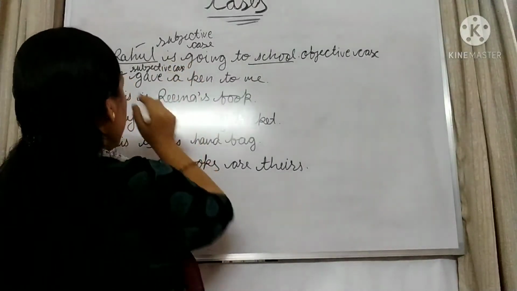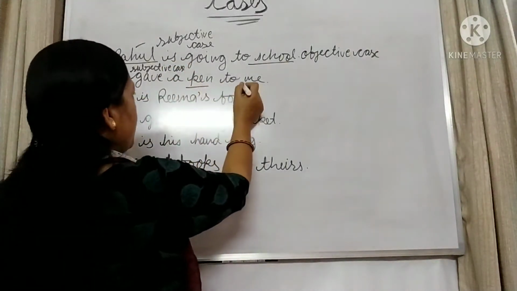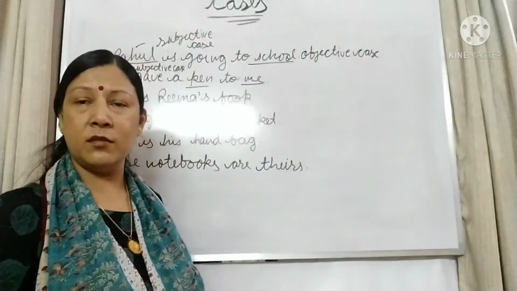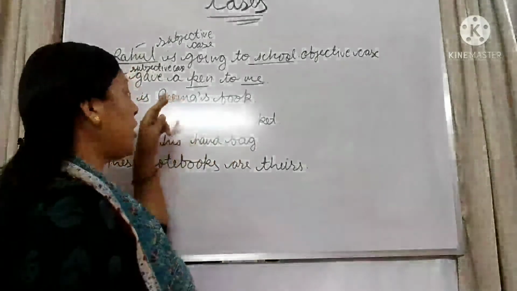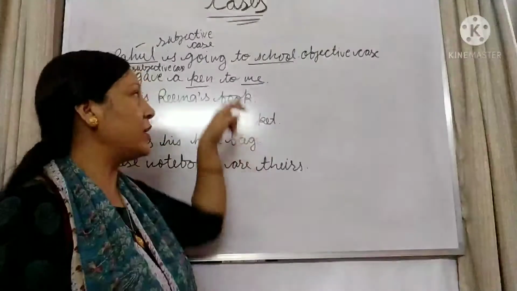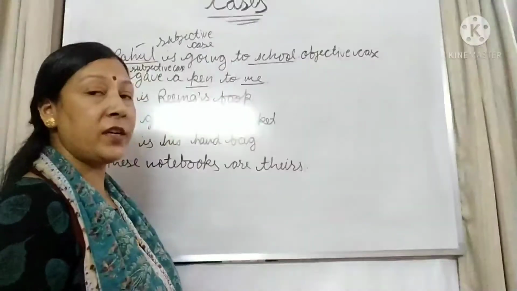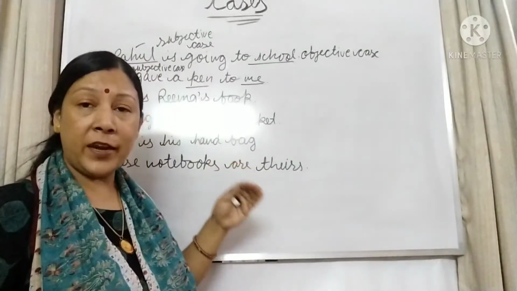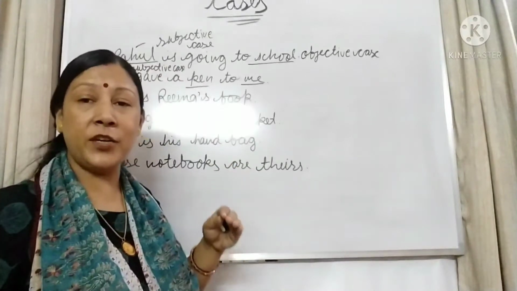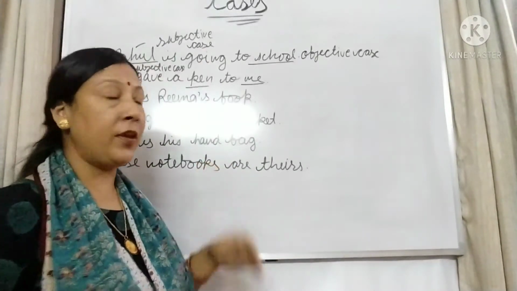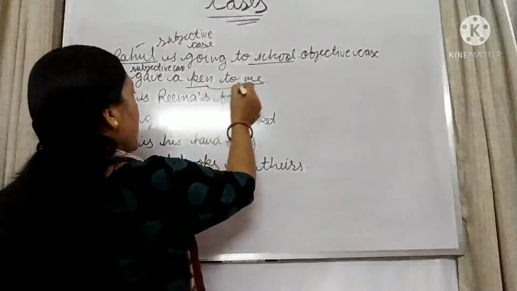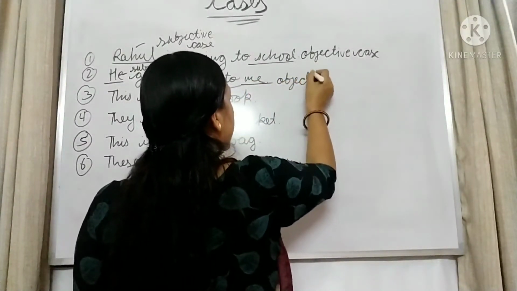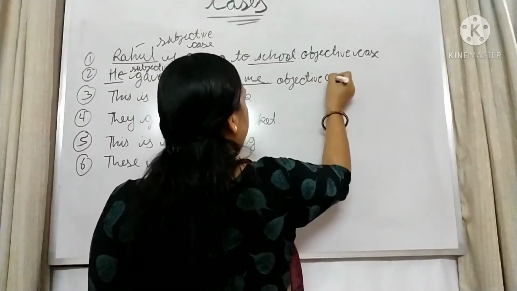And here you can see gave a pen to me. In this sentence there are two objects. Pen is the direct object and me is the indirect object, and we have learned that direct and indirect objects are objective case. So both pen as well as me are objective case in this sentence.